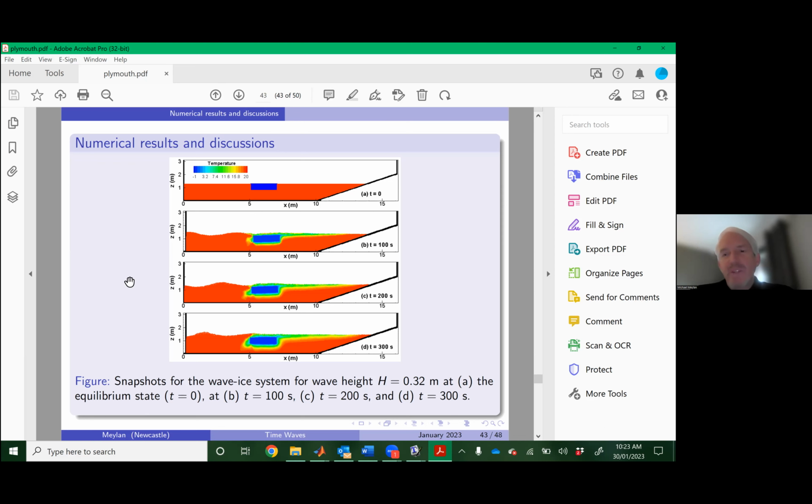We probably added too much into this model. But the ice starts to flex, and you get water streaming across the top, and you get this cold water starting to appear. You can see the process of melting and it's enhanced. And one of the things we're interested in is how much of a role waves play in the melting of ice, because the waves push water around onto the surface. They do all kinds of things to it, and we believe that that has an effect. We're trying to quantify that effect.